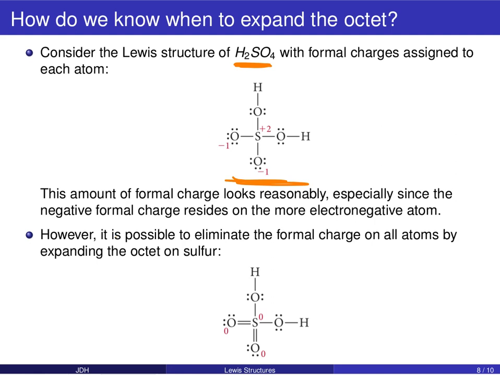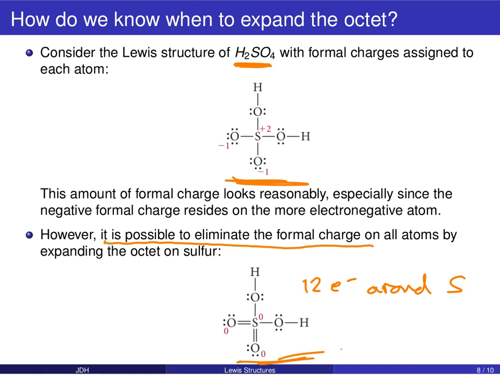We see that it is in fact possible to eliminate the formal charge in all atoms by expanding the octet and building a structure that has 2, 4, 6, 8, 10, 12 valence electrons around that central sulfur atom. Only when you have third row or below, you can do this little check and see, can I zero out those formal charges? In this case, the answer is yes, you can zero it out.